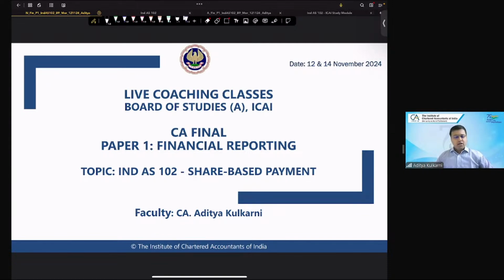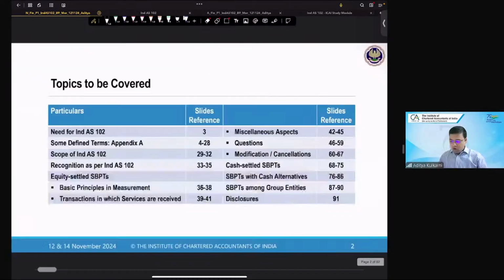Okay, all right. So with this background, we start off with the proper standard. We will look at why I need a separate standard, and what is the meaning of certain defined terms, which come from Appendix A to the Ind AS. We will look at the scope covered under Ind AS and the recognition as per Ind AS 102.